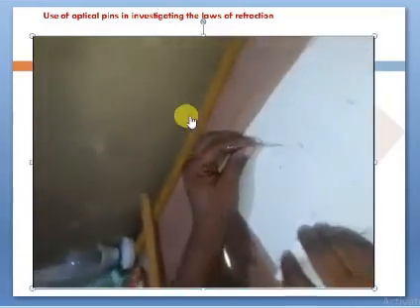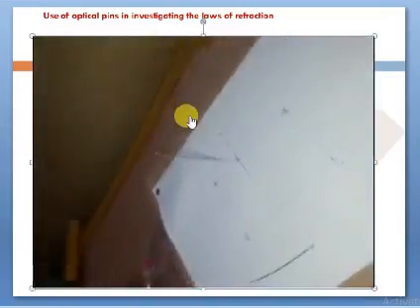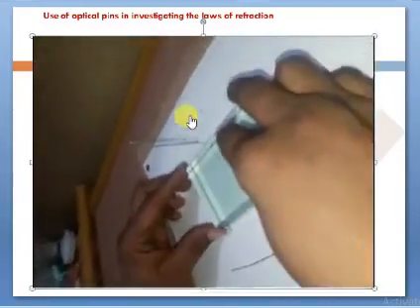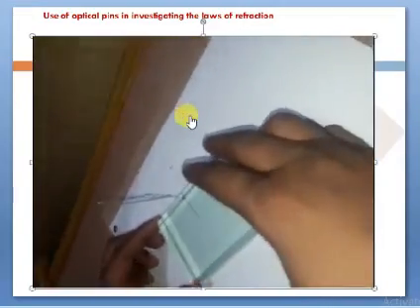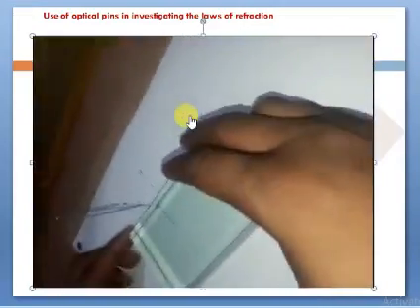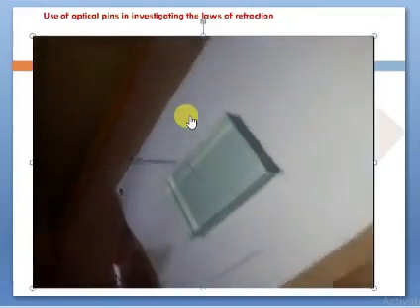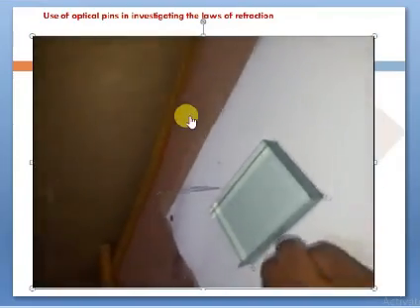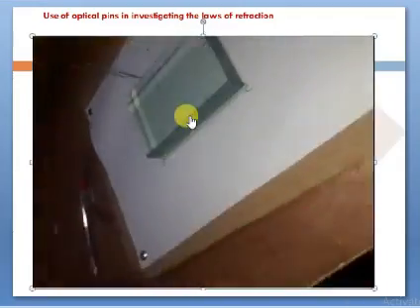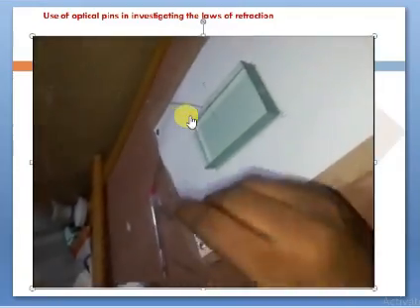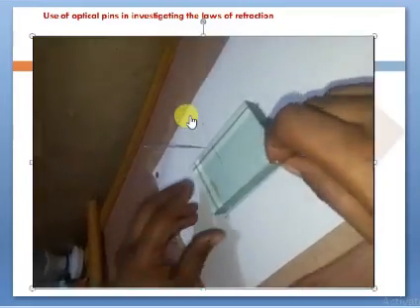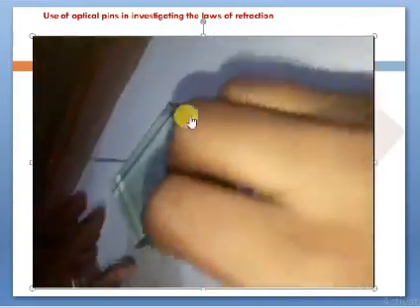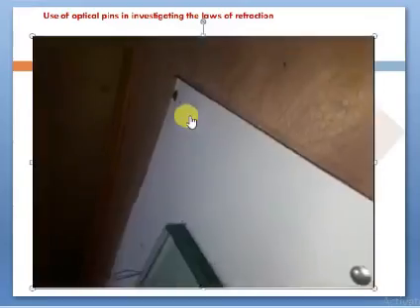Then you place back your rectangular glass block. Then you get sighting pins. You're going to put two sighting pins in a straight line with the images of the first two pins, P1 and P2.